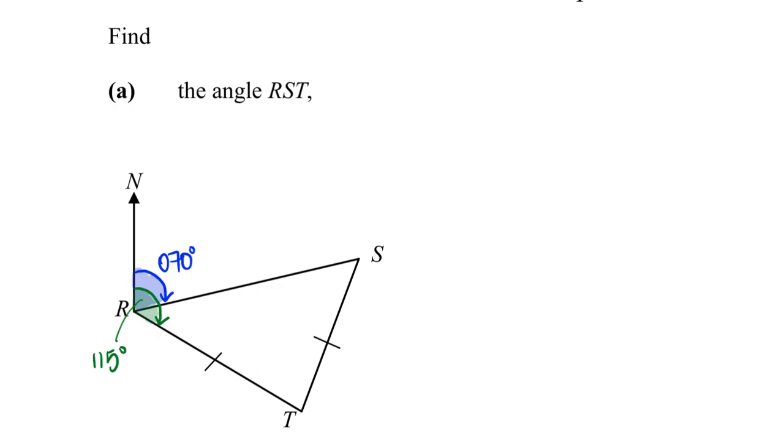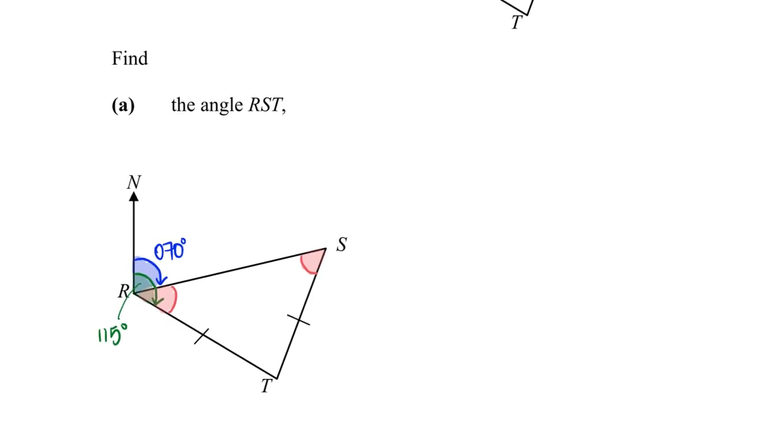So angle RST, do you see the angle RST is equal to angle SRT? Because they are base angles of an isosceles triangle, and therefore angle RST is equal to angle SRT, which is equal to 115 degrees minus away my 70 degrees, 45 degrees.